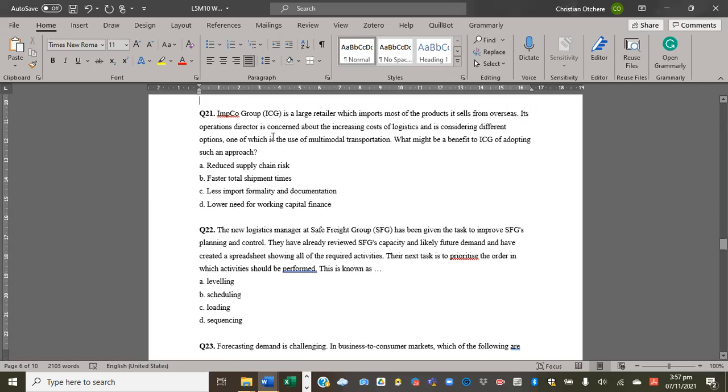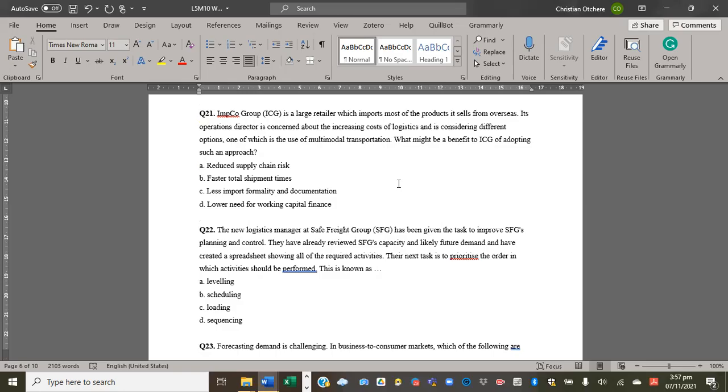IMP Co Group is a large retailer which imports most of the products it sells from overseas. Its operations director is concerned about the increasing costs of logistics and is considering different options, one of which is the use of multimodal transportation.